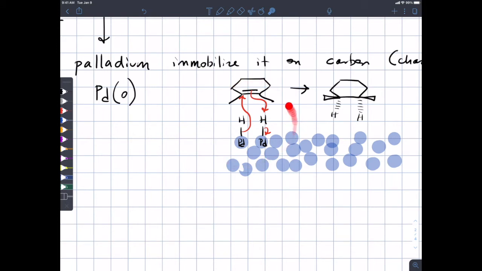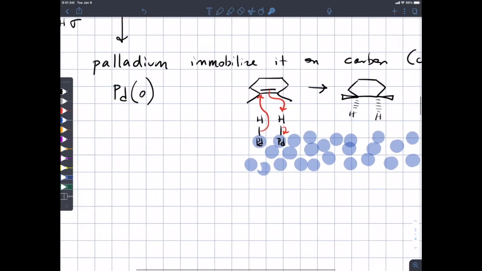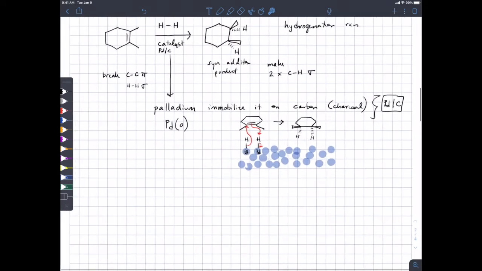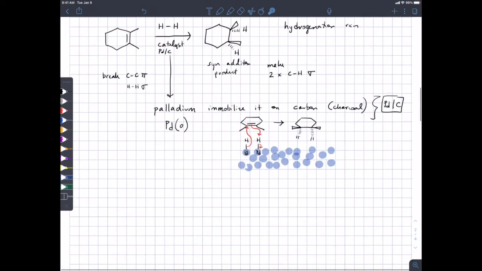You're not responsible for this mechanism. This is just mostly reminding you what happens rather than telling you how it happens, because the detailed discussion of the mechanism is beyond the scope of the text. Okay? Go ahead.